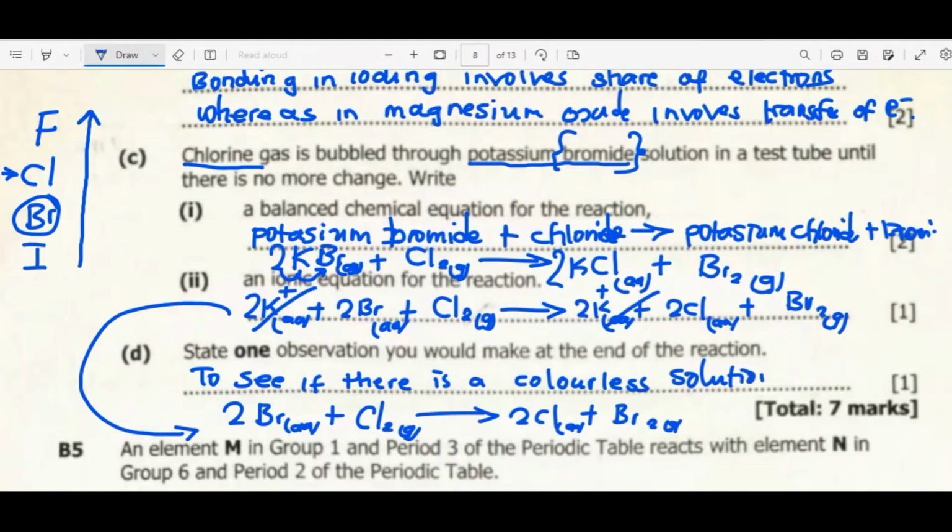So the solution that we are expected to have is colorless. Now the point is that when this chlorine is added in excess is when you get the colorless solution. But if not, you are expected to have at least a purplish color.